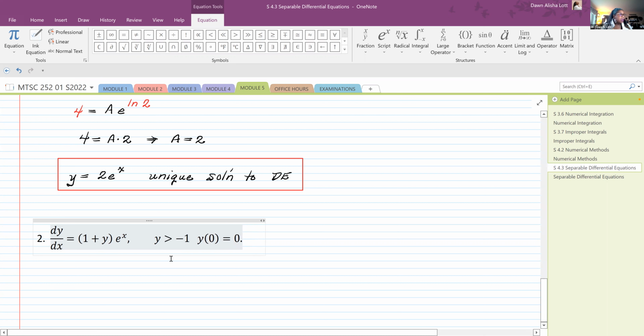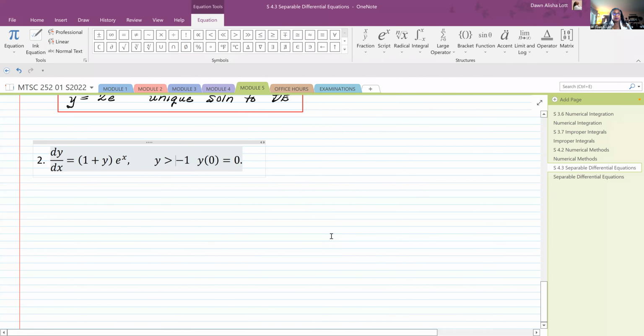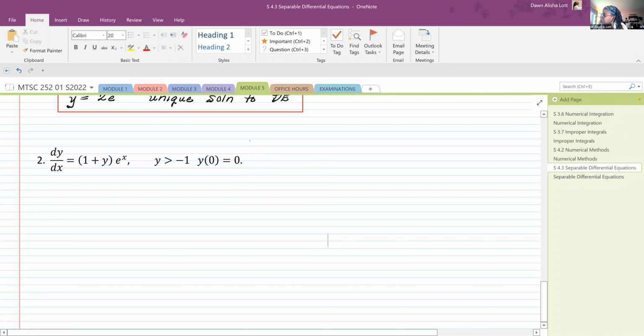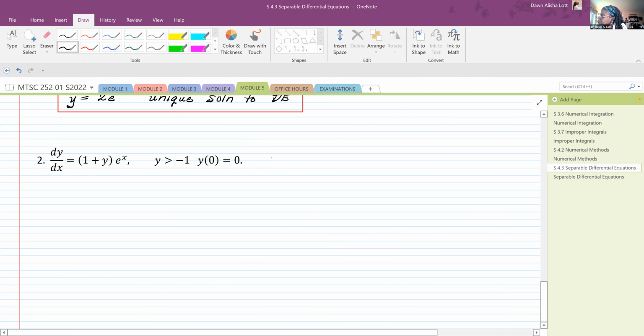Okay. All right. So we're going to do the same thing here. As you can see, somebody tell me what the function of x is. F of x is equal to what? Is it 1 plus y?